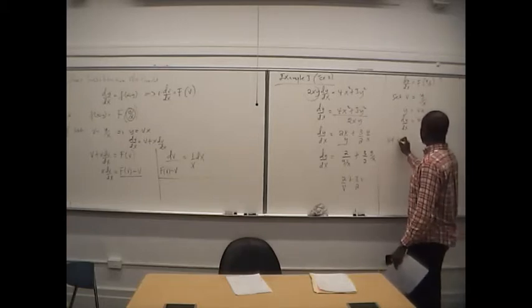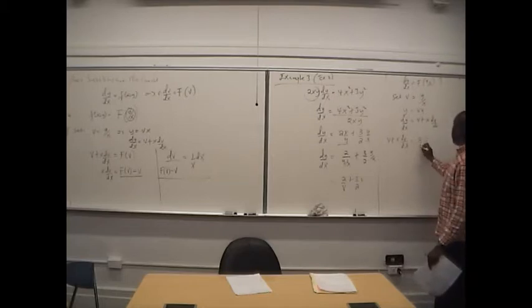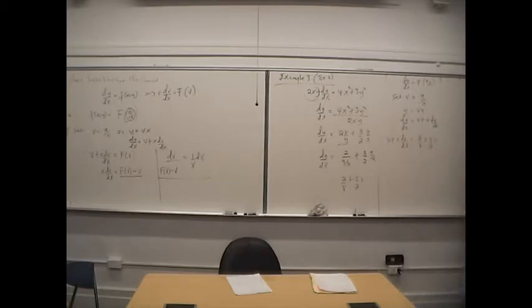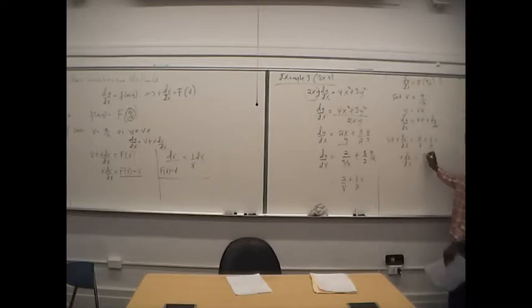We have v plus x dv dx equals 2 over v plus 3 over 2v. Then we isolate dv dx. I'll take this one at a time. This is x dv dx. We send v to the other side. We have 2 over v plus 3 over 2v minus v. And this gives us v over 2.